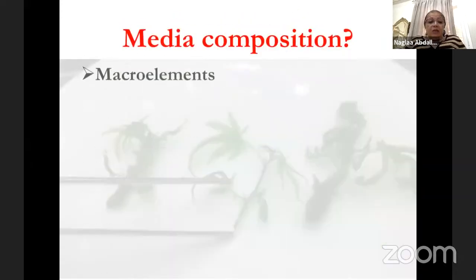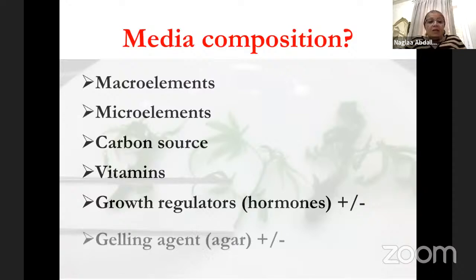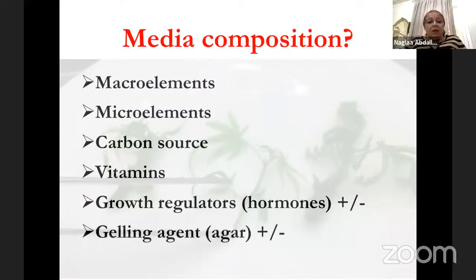The media composition, I think you already have it in the practical part, but the main components are macromolecules, carbon source, vitamins, growth regulators, which are very important for the cell to divide, and gelling agent to have a semi-solid media.